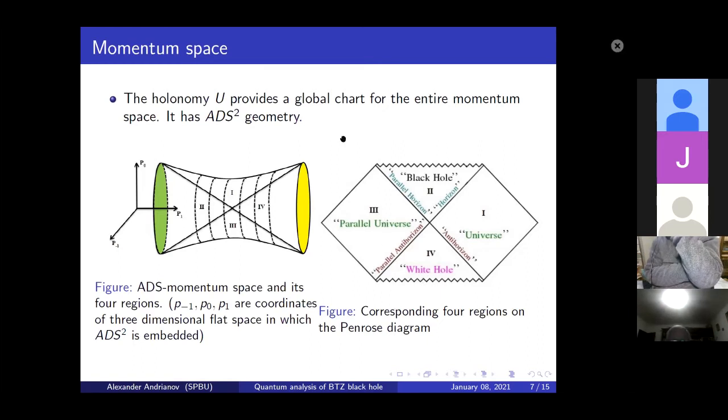And as normally for a Penrose diagram, we have 4 sectors: universe, black hole, white hole, parallel universe.